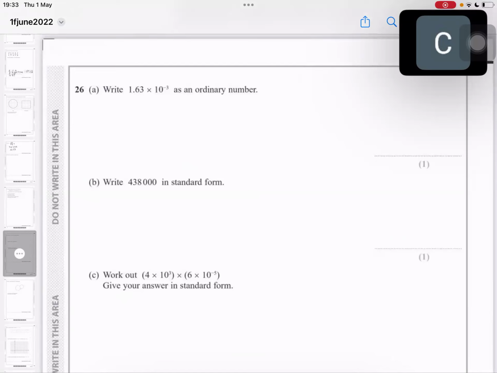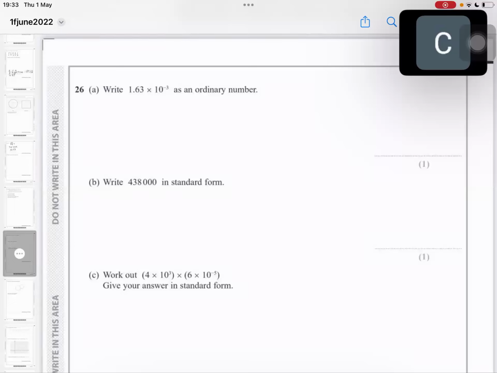Okay, so this question has to do with standard form. It says you should write it as an ordinary number. So I have 1.63 times 10 raised to power minus 3. Remember what I said in the last class when we were looking at indices, that anytime you see a number raised to a negative power, it's as good as 1 over that number raised to the power but without the minus anymore.